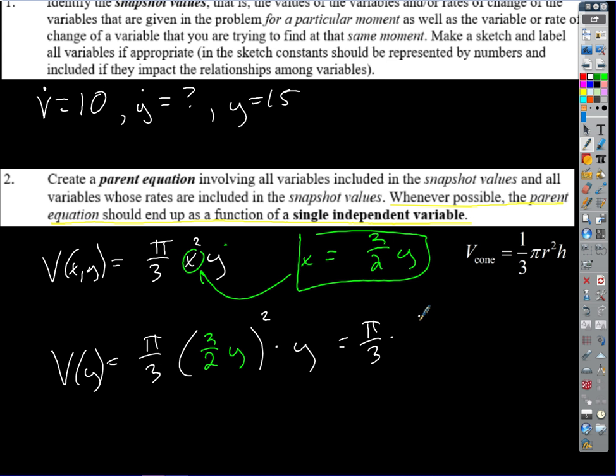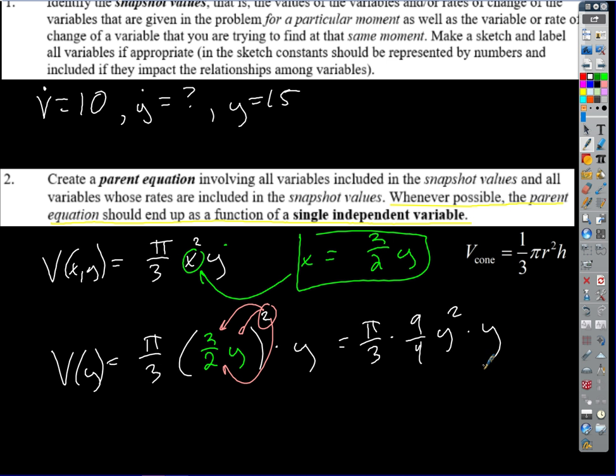So what's 9 over... You're right. 9 over 4y squared. Good. And think back why that is. We know that by properties of exponents, if we're taking a quotient or a product to a power, we're just going to distribute the exponent to all the factors, right? Okay, and then that's going to be multiplied by our other y there.